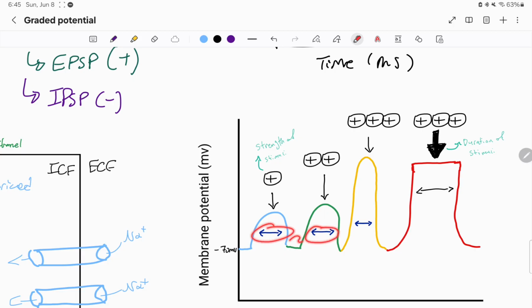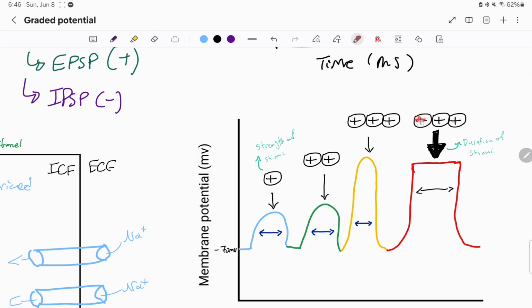But the time period that they were there for remains the same because I didn't change the duration of the stimulus. Again, let's say I keep the duration of the stimulus the same, but I add another plus sign for my strength of stimulus. And you can obviously, again, see the magnitude goes even higher, but the duration doesn't change, okay?